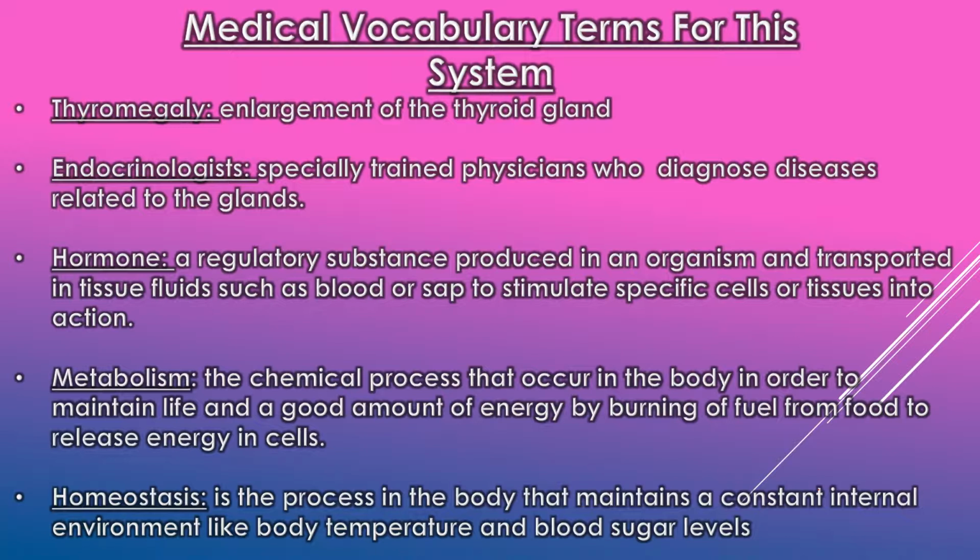Homeostasis is the process in the body that maintains a constant internal environment like body temperature and blood sugar levels. Metabolism and homeostasis are often confused for one another and are said to be the same thing, which I don't get because they're two completely different things.